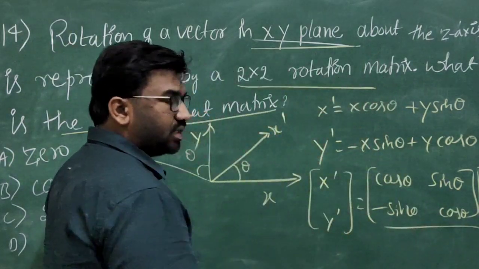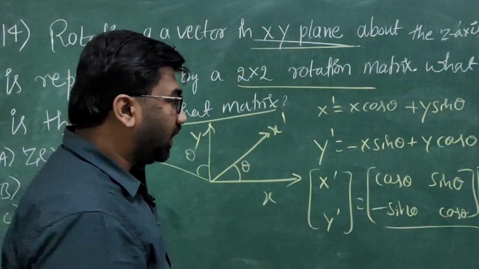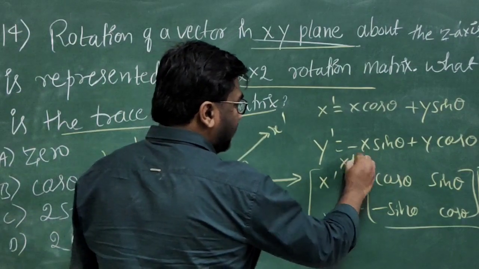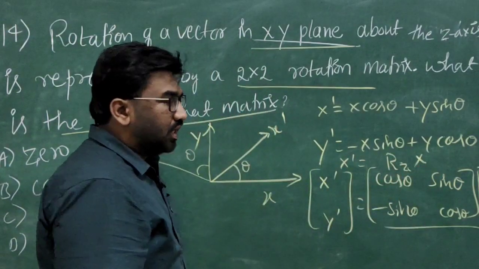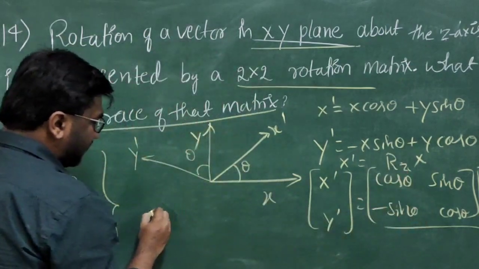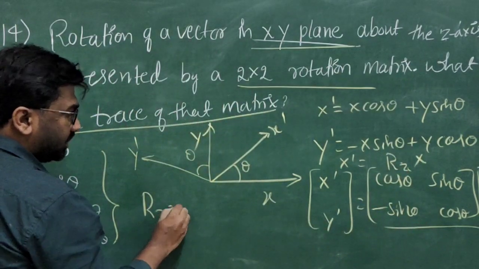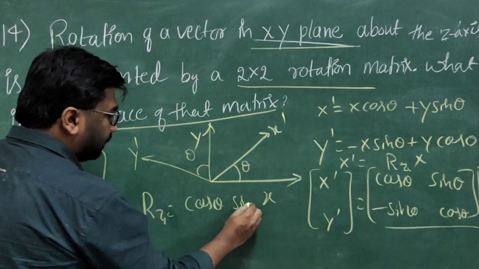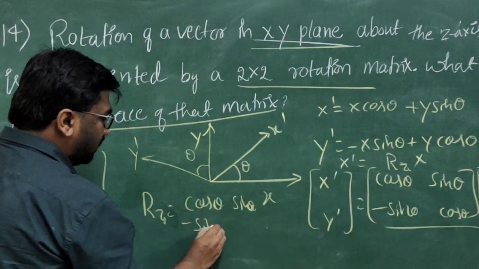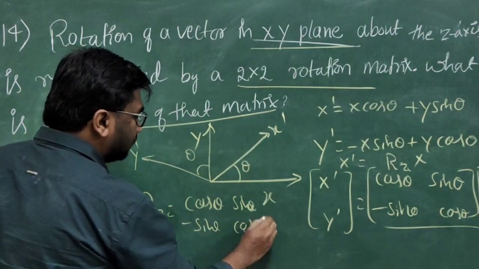So this is the matrix. That is, x prime is equal to Rz into x, so this Rz is the matrix. So Rz is equal to [cos theta, sin theta; minus sin theta, cos theta].